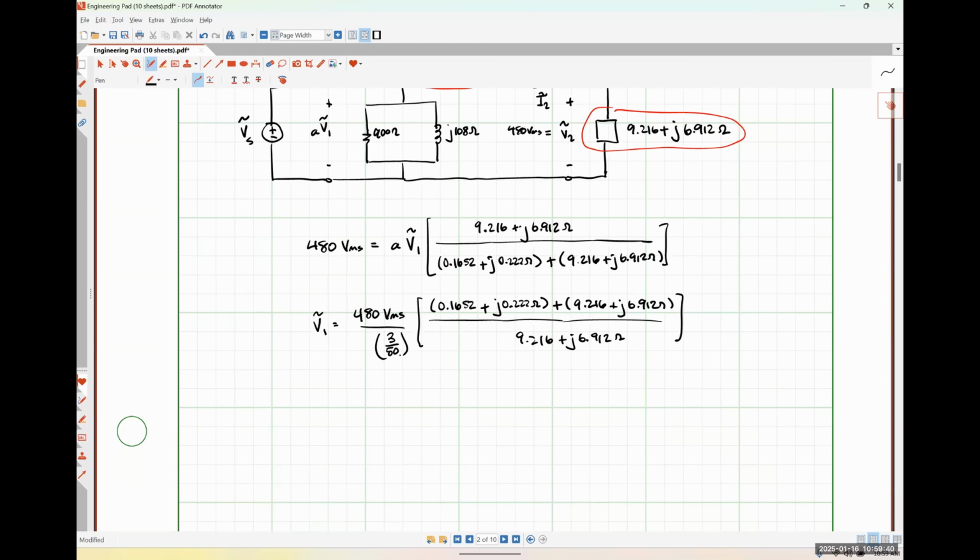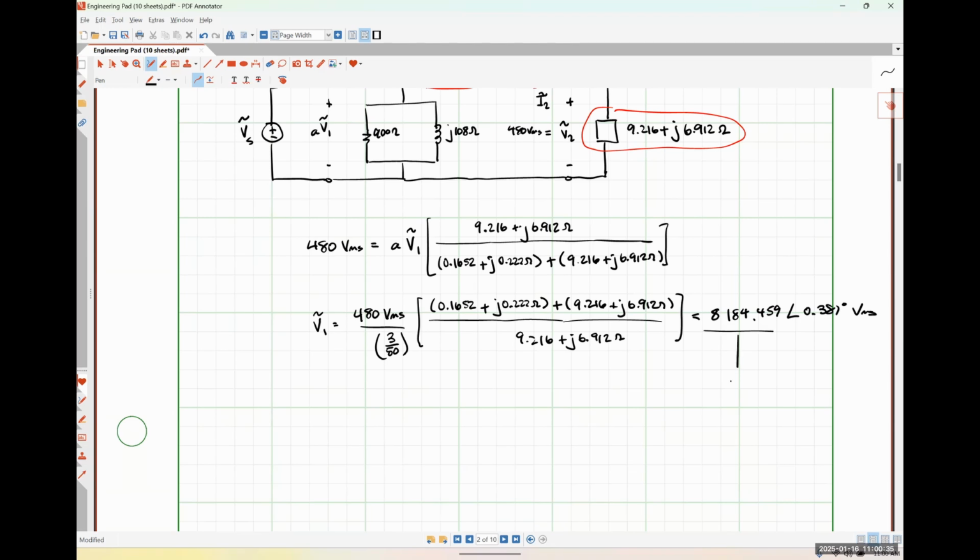There we go. 0.1652 plus 0.222 I plus 9.216 plus 6.912 I over 9.216 plus 6.912 I. I wound up getting a voltage of 8,184.459 with an angle of 0.381 degrees volts RMS.